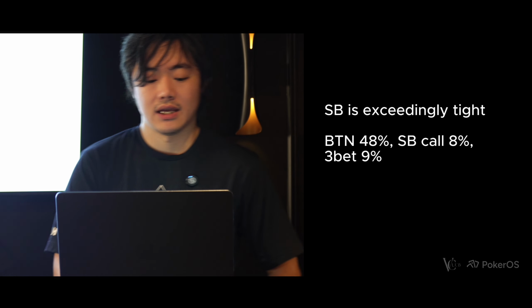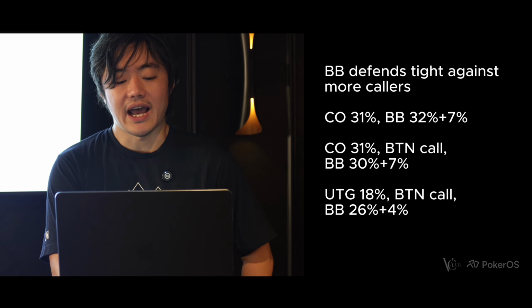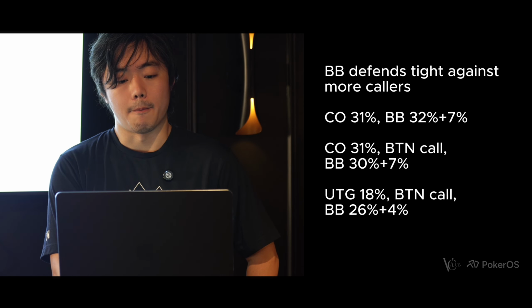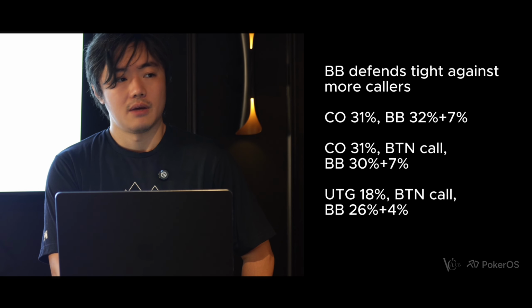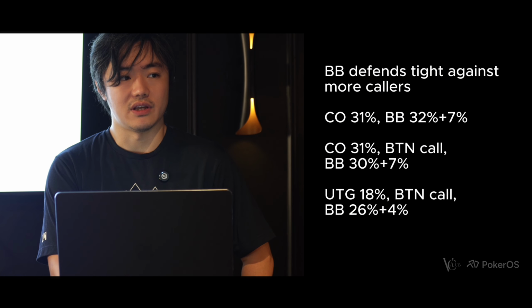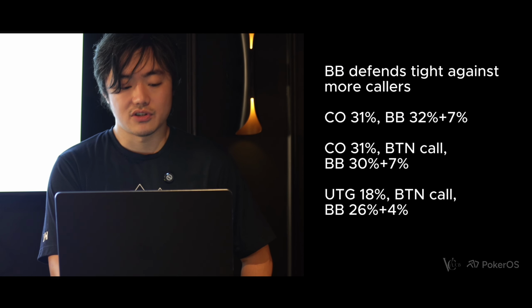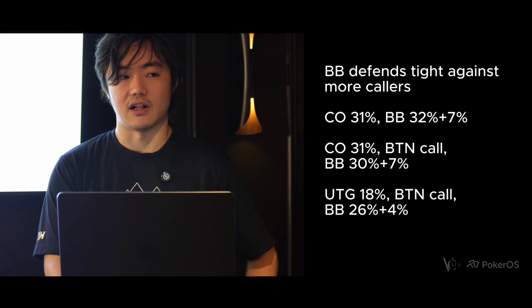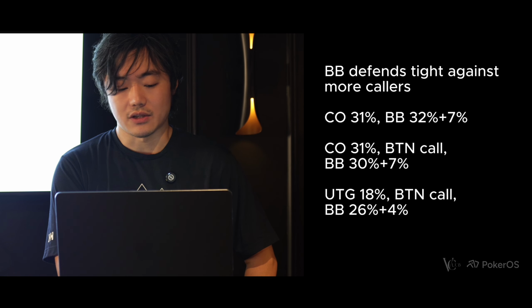The third heuristic is that the big blind defends tighter against more callers. This is also different from what a lot of players perceive. Many people think about PLO as four cards, so we can play looser. If it's multiway, they can play a lot of hands because they have the odds. That's not the case, because what we have is not the odds, but the so-called reverse odds. If the big blind is playing too loose, it's going to get cooled so often.